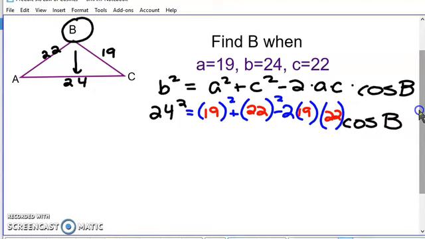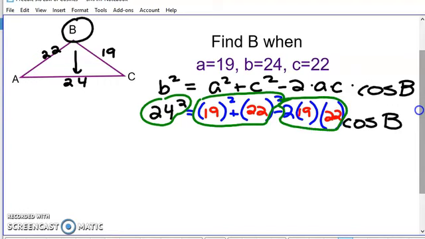So this is what's a little trickier about this one, is we can't just punch the whole thing in the calculator. We're going to punch these three parts into the calculator. So for 24 squared, I get 576. For 19 squared plus 22 squared, I get 845, and I get 836.